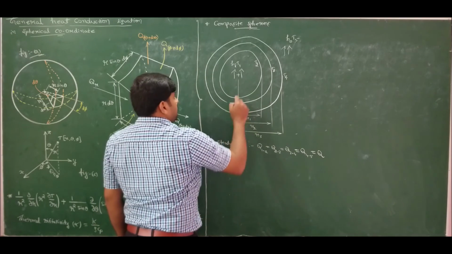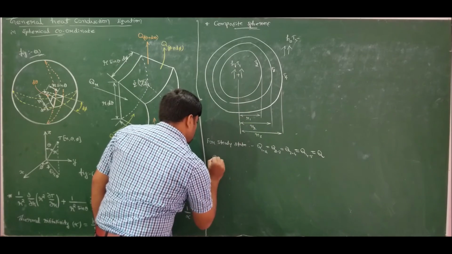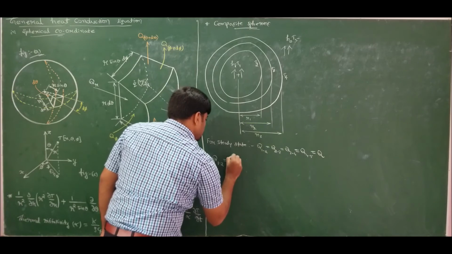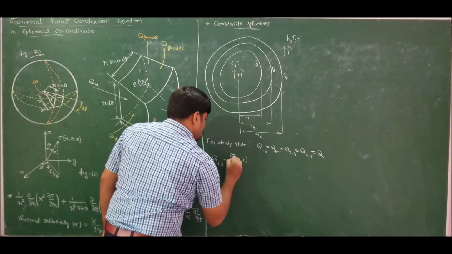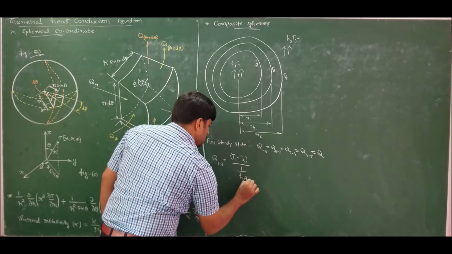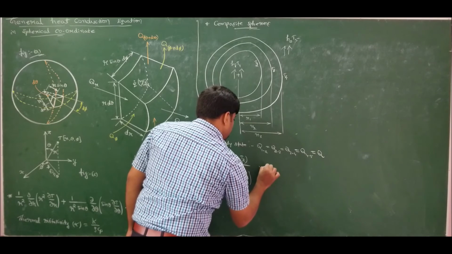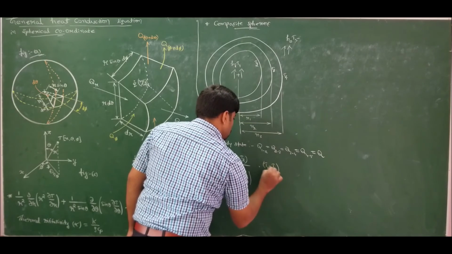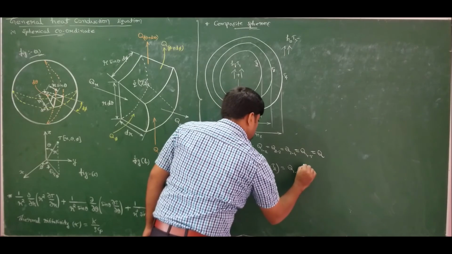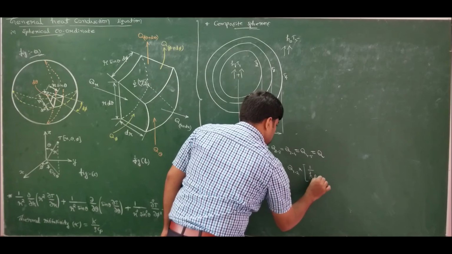Now if I write between the points 1 and 2, we know that Q1 to 2 is because of convective heat transfer, that is T1 minus T2 by thermal resistance due to convection, which is 1 by Hi Ai. So we can find the value of T1 minus T2, which is given by Q1 to 2 into the thermal resistance due to convection at inner surface, 1 by Hi Ai.